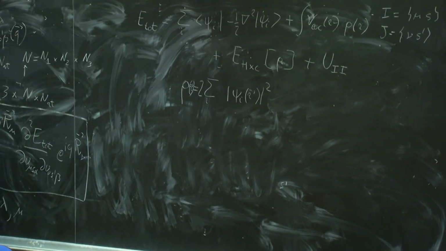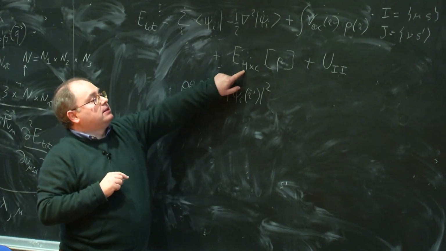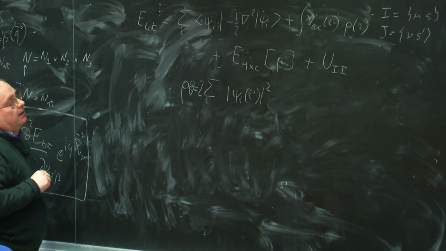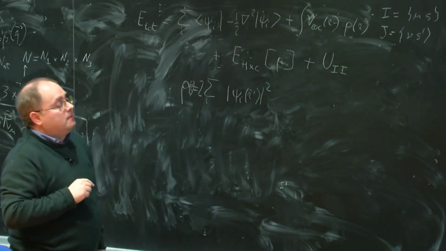Let's put this 2 that is in the papers, just not to make a different formula. And basically, once you have the density, you can calculate the Hartree and exchange and correlation energy and the interaction of the density with the local potential.